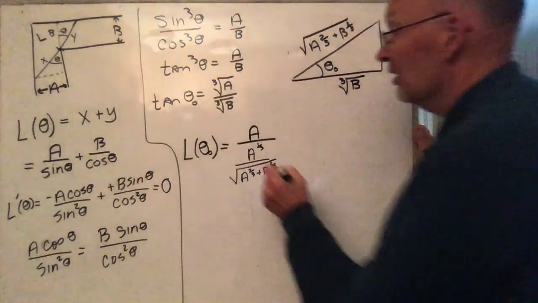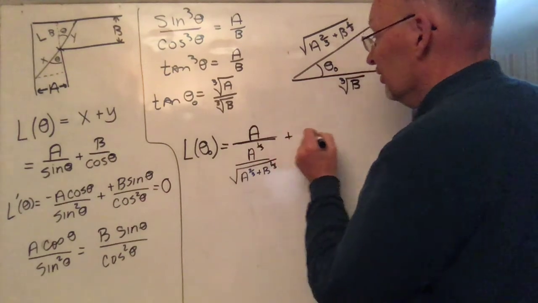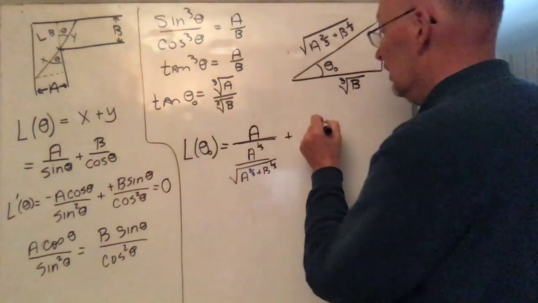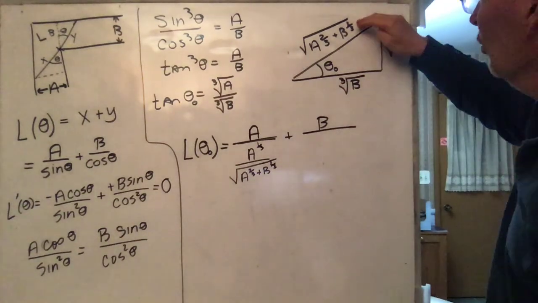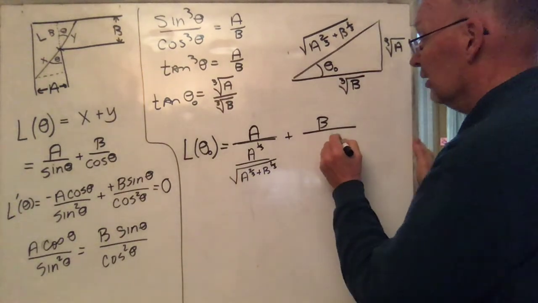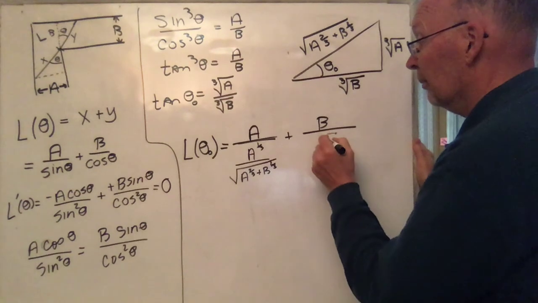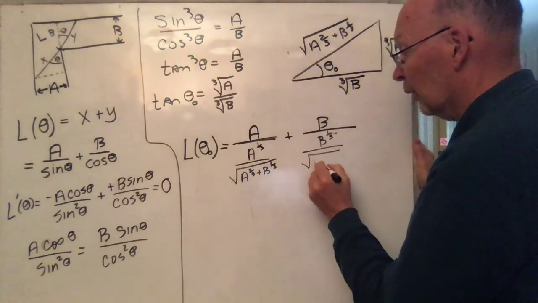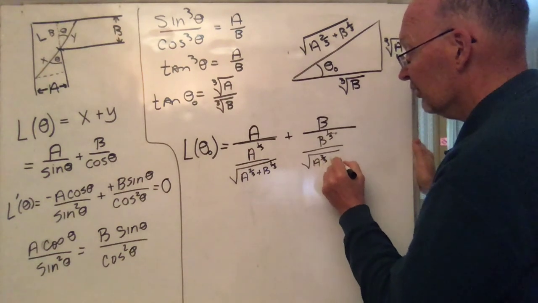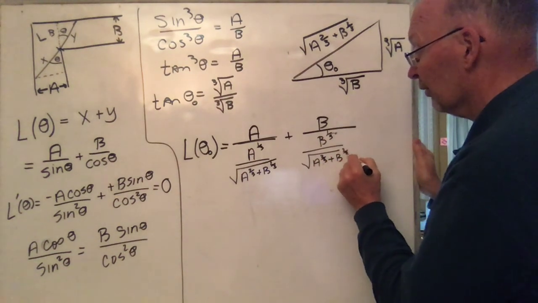That's what that is. Plus, what does this say? b divided by the cosine. What's the cosine? This over this, which I'll write as b to the 1/3 divided by, again, the same square root, a to the 2/3 plus b to the 2/3.